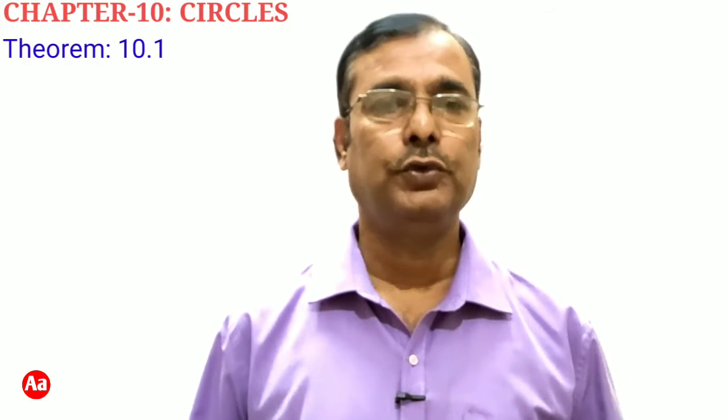Now Theorem 10.1: Equal chords of a circle subtend equal angles at the center. This is Theorem 10.1, the first theorem of this chapter. We are going to prove this theorem. Given 2 equal chords of a circle, the angles subtended by them are also equal.